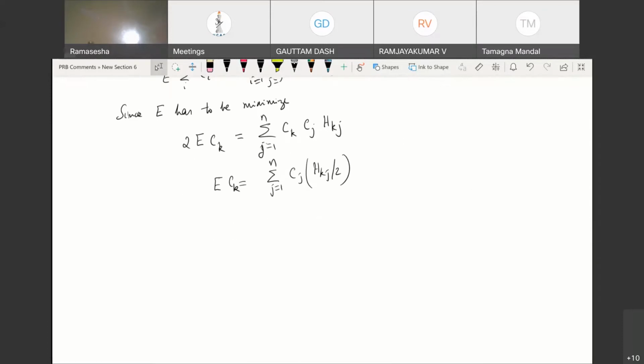So according to that, for k equal to 1 to n, what you have is a set of equations which are eigenvalue equations, eigenvalue.